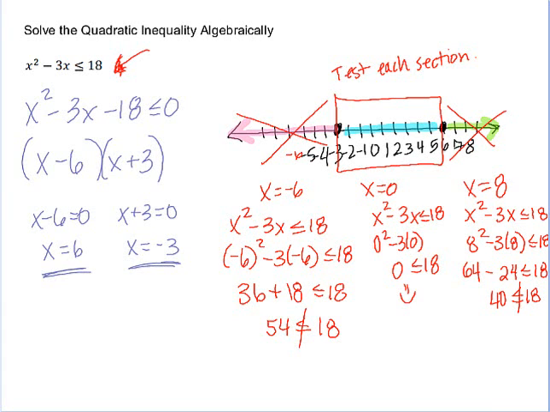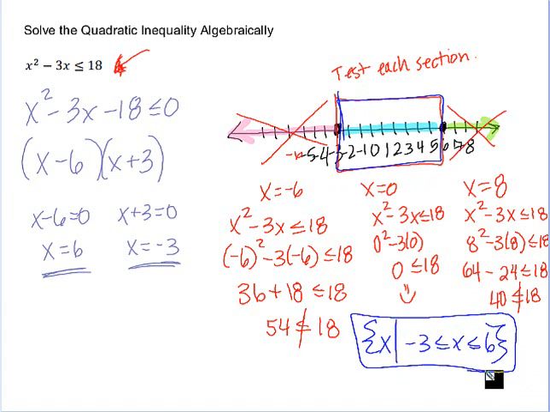What that tells us is that this middle section are the solutions that work. So our values for x that work here are the values in between negative 3 and positive 6. And we are using less than or equal to signs here because we started off with that equal to. So our solutions here are negative 3 is less than or equal to x, which is less than or equal to 6.